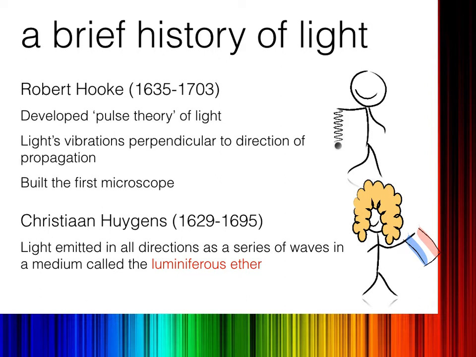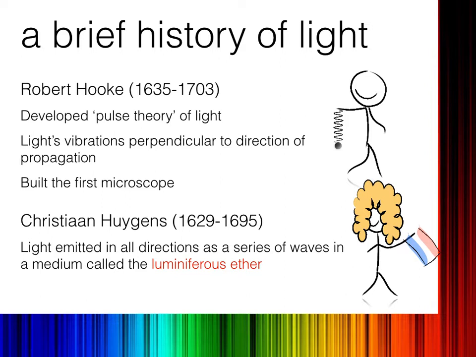Again, another contemporary was Christian Huygens, and Huygens was the guy who came up with the biggest scientific mistake, probably of multiple centuries. It was something that put back our understanding of light for decades, if not centuries. And he said that light is emitted in a series of waves, much like Robert Hooke, but he said that those waves travelled in something that he called a luminiferous ether.